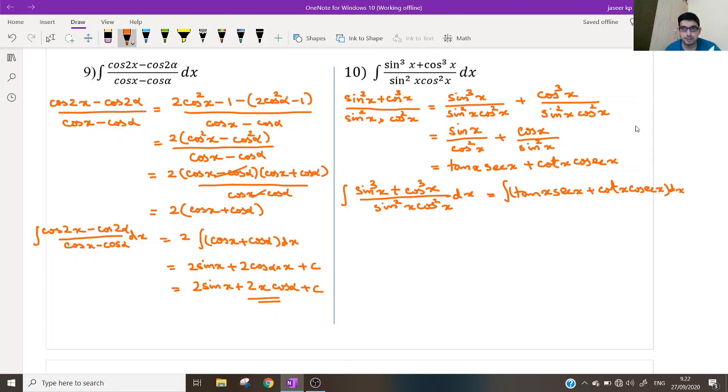Let us integrate term by term. The integral of tan x secant x dx is secant x, and the integral of cot x cosecant x is minus cosecant x. So the answer is secant x minus cosecant x plus c.